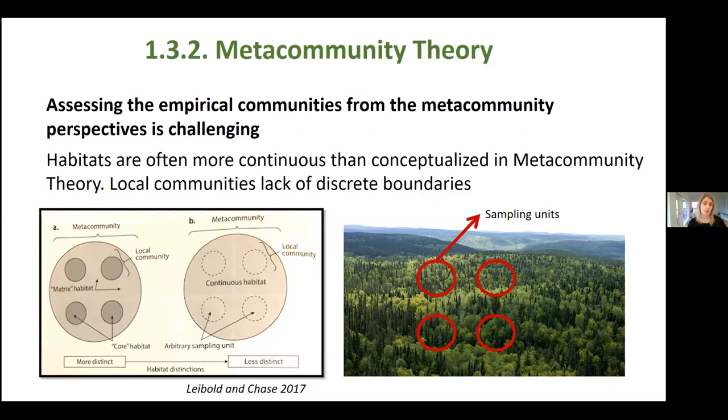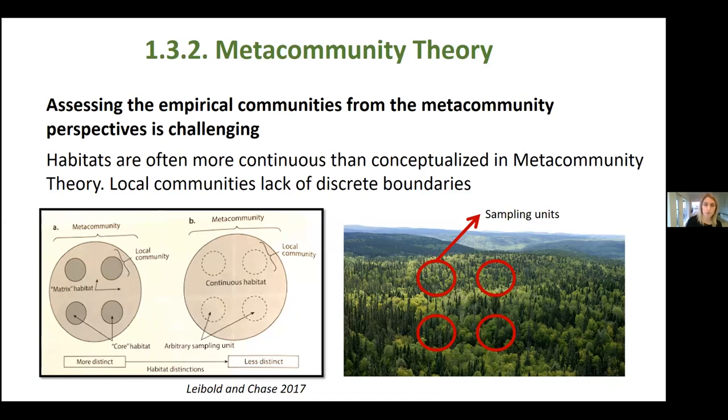If we look at the left-hand side of my screen, we see how in meta-community theory, the different habitat patches where the local communities are organized are supposed to be very well-defined, spatially defined local communities.